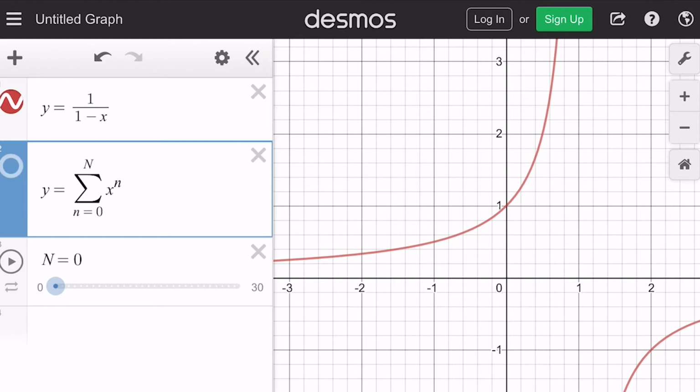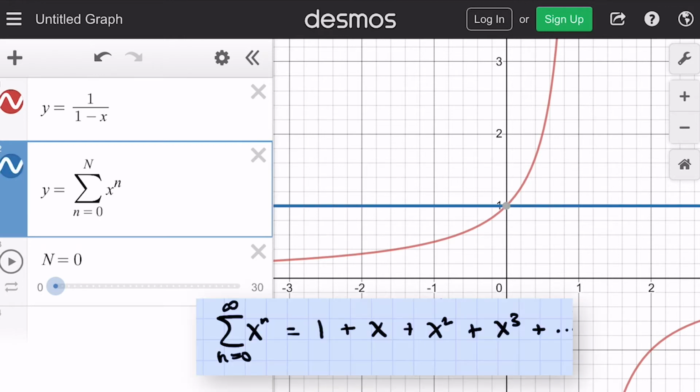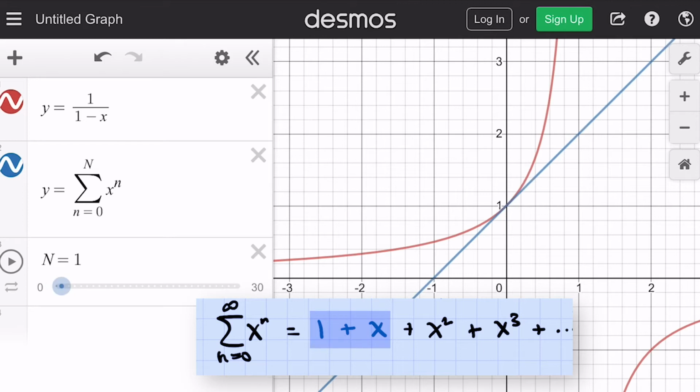If we turn that function on, we currently have just the horizontal line y equals 1. And that's because currently capital N is set to 0, which means this is simply the 0th term of the series, which is 1.